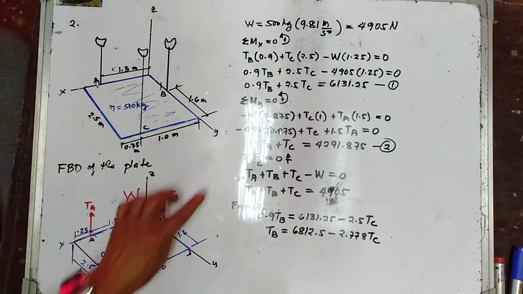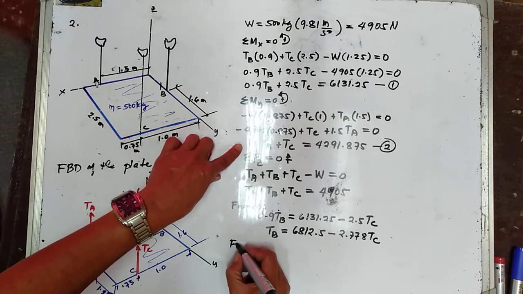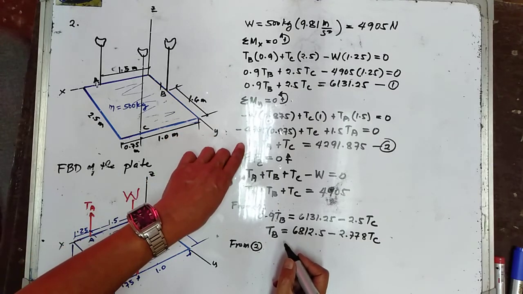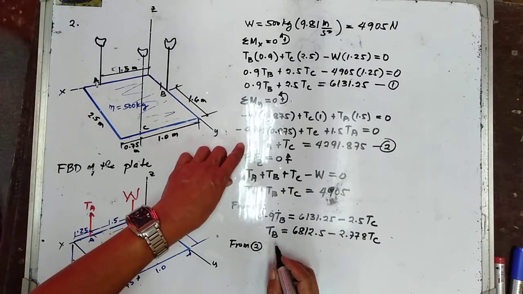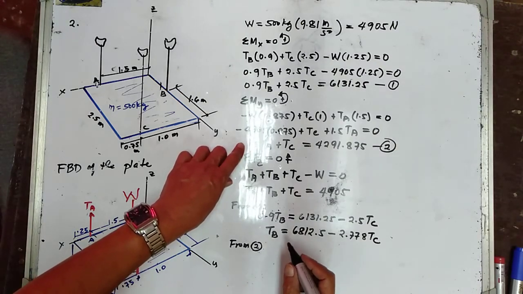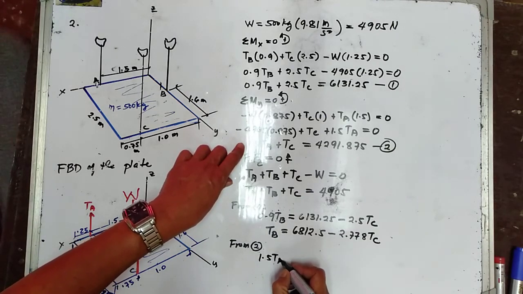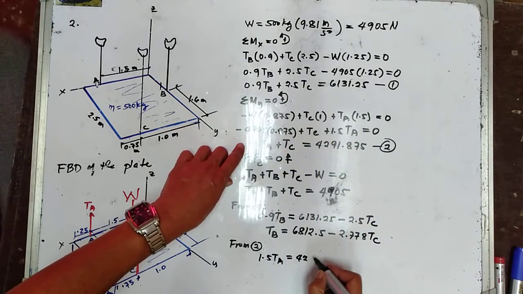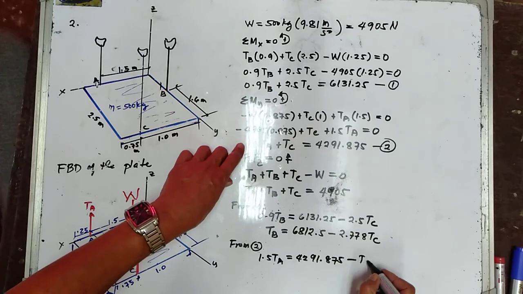Next, from equation 2, we have 1.5 T sub A is equal to 4291.875 minus TC.